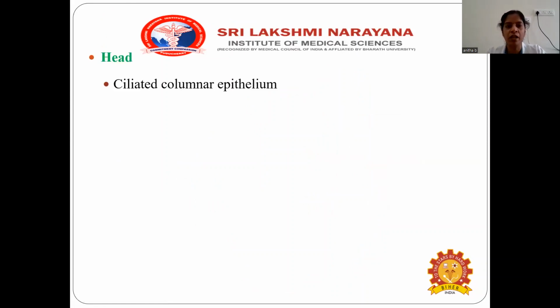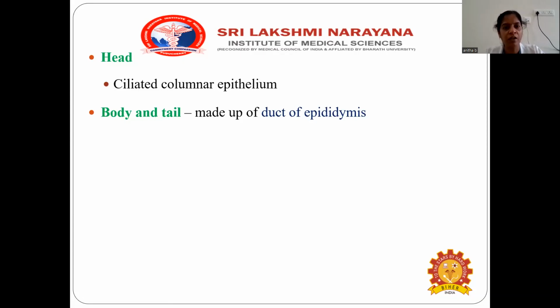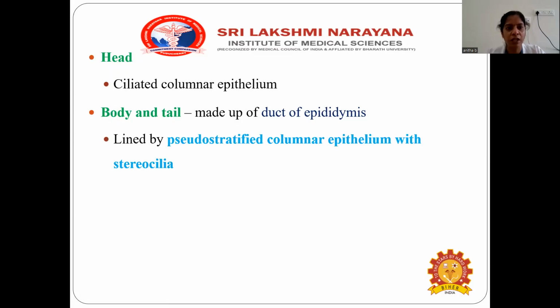First we'll see about the head of the epididymis. In the head, the tubules are lined by ciliated columnar epithelium. It should have cilia because the epididymis will be transporting the sperms, no? When you see the body and tail, that is nothing but the duct of the epididymis. The duct of the epididymis forms the body and tail.